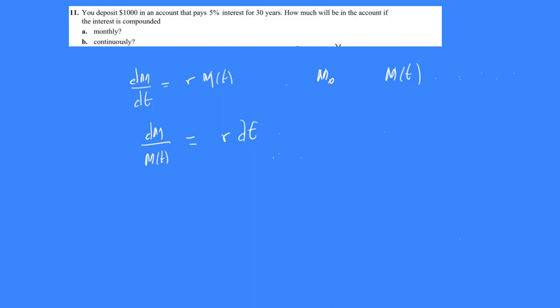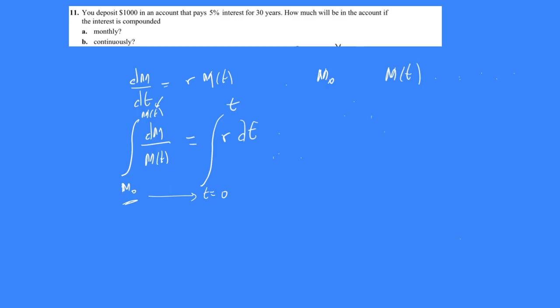Now we integrate the equation, from the initial amount of money to the final amount of money, and from the initial time, maybe t equals 0 or maybe t0, when you have this money, until the final time t, the same time t that appears in m of t.